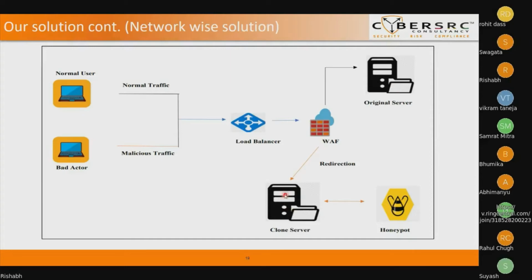The clone server cannot pivot to the original server, because we have segregated the network into smaller VPCs, so that any attacker cannot pivot their shell towards the original server.